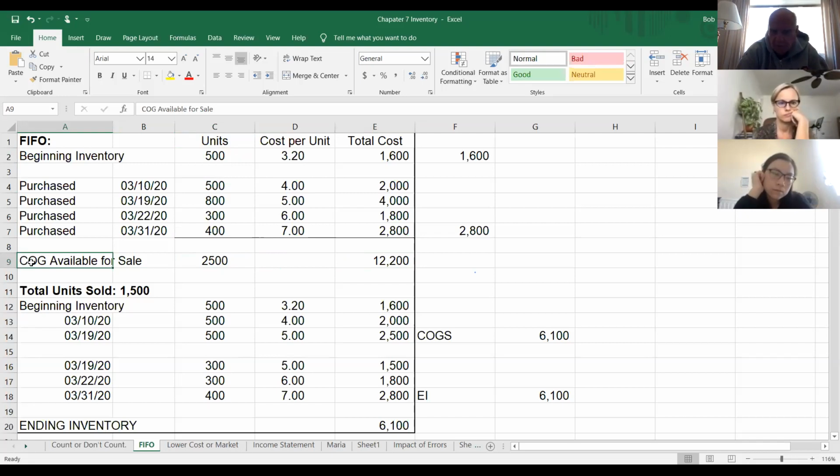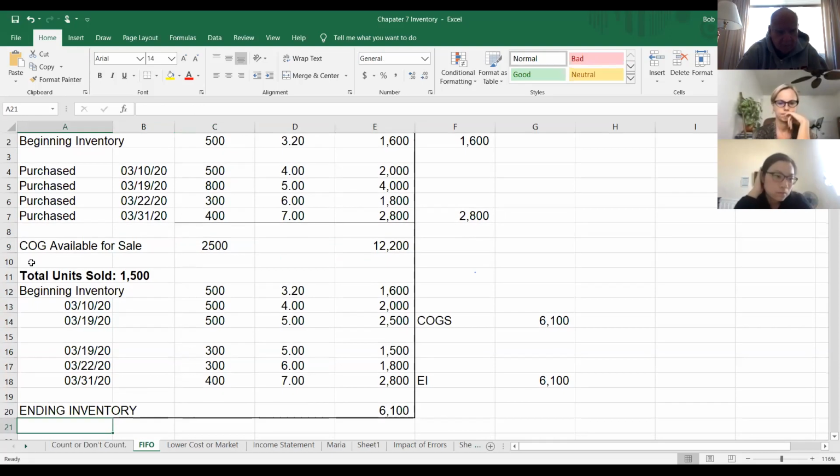At the end of the month, we have to count our inventory, unfortunately, because we're not using a perpetual system yet in our class. So we have to count the inventory. And in this example here, it's split up evenly. Oh, I'm sorry, those are dollars. Let me take a peek.